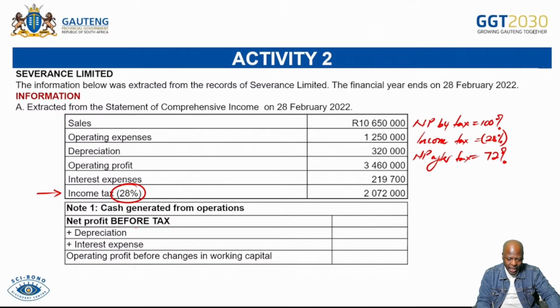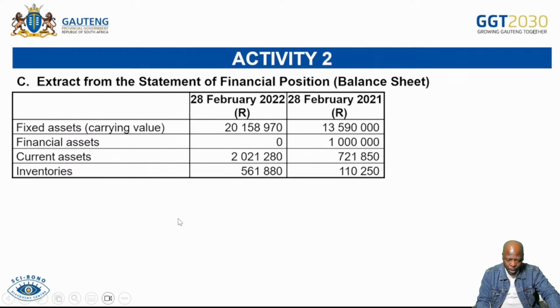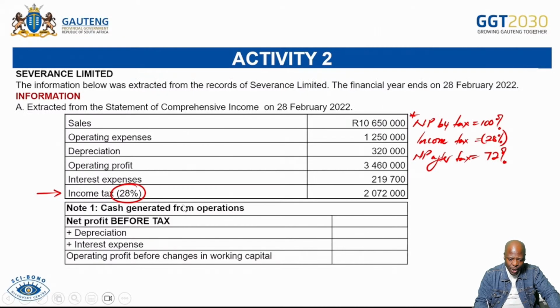So when I come here, what I want is net profit before tax. So I'll say here, what do I want? I'll open my bracket. I want 100.